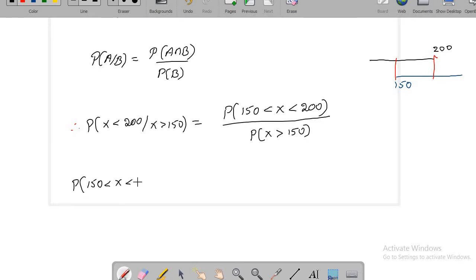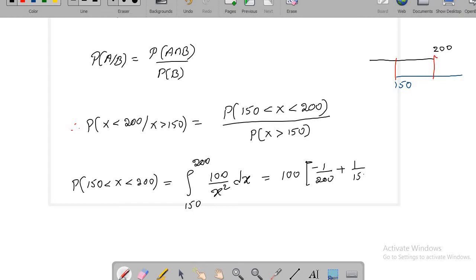150 less than x less than 200, that's going to be integral 150 to 200 of 100 divided by x square into dx. So 100 is common, the integration is minus 1 by x. So minus 1 by 200 plus 1 by 150.